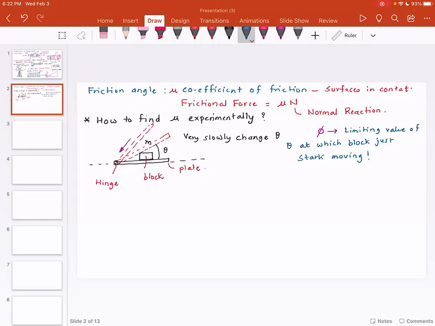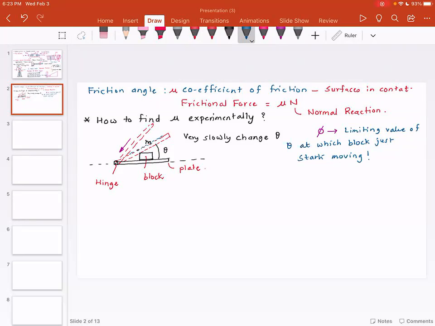Now, assuming that you visualize this experiment in your mind, I want to change a few things. I want to add a thin layer of oil on this plate. If I add a thin layer of oil, what would happen to the angle phi?